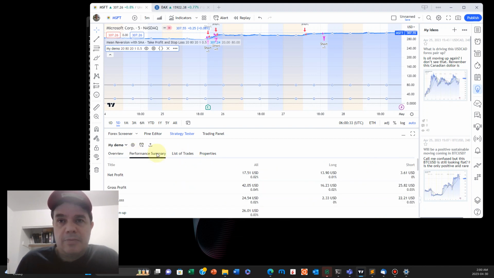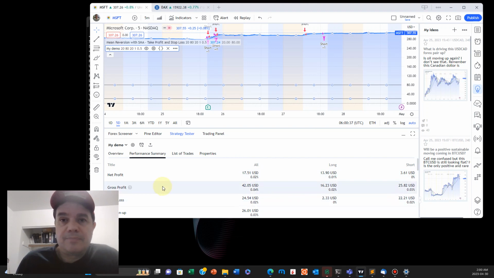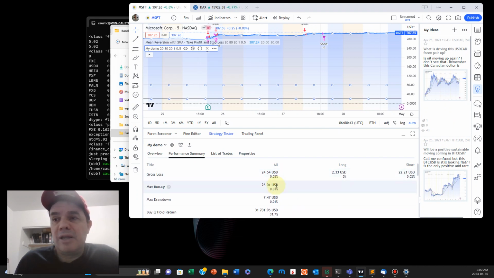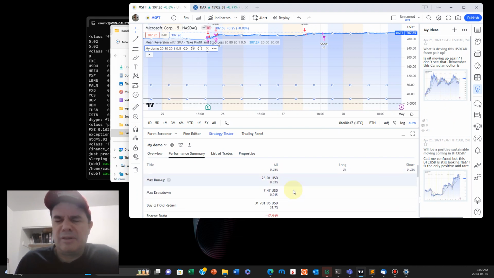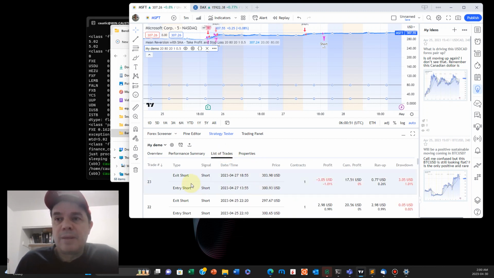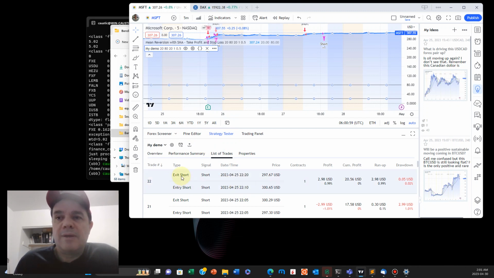So here we can get a better idea of the metrics. Let me just pull this in here. In here we've got all the standard metrics that you probably look for in a backtest. Here's a list of trades. These would have been on automatically. Now remember, this is on TradingView, so you can do live trading, with an entry and exit.